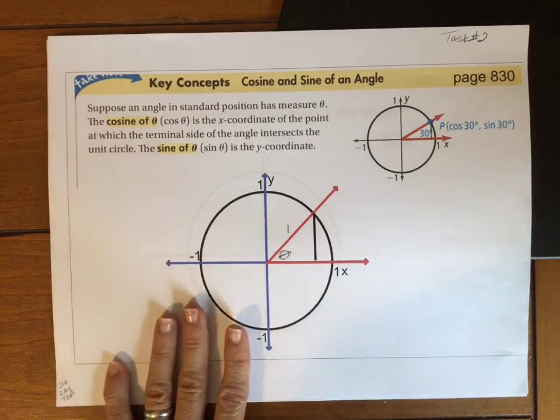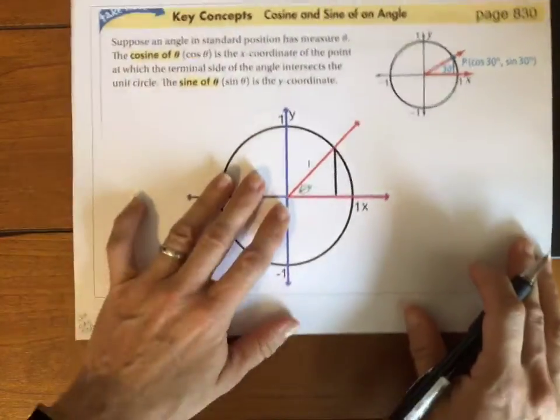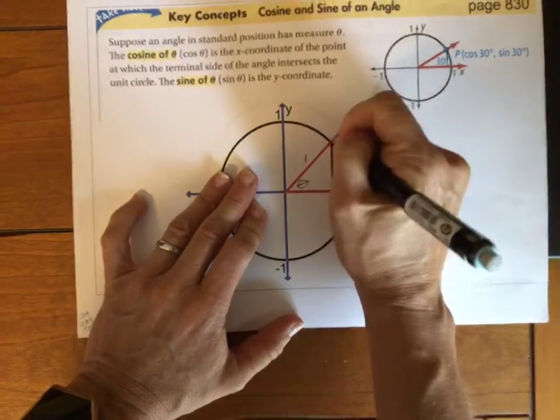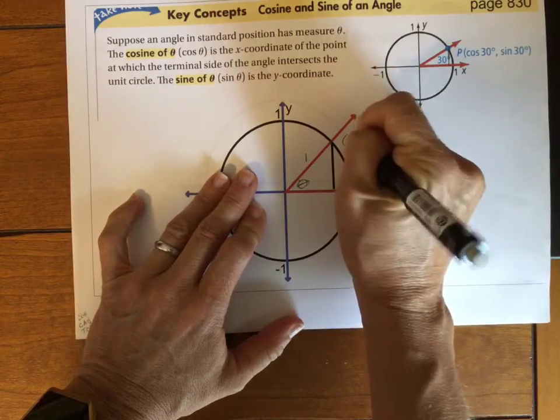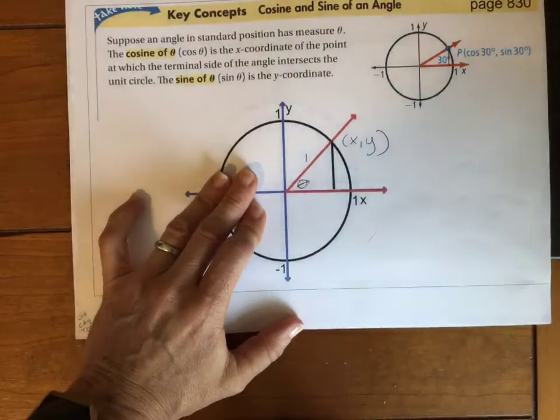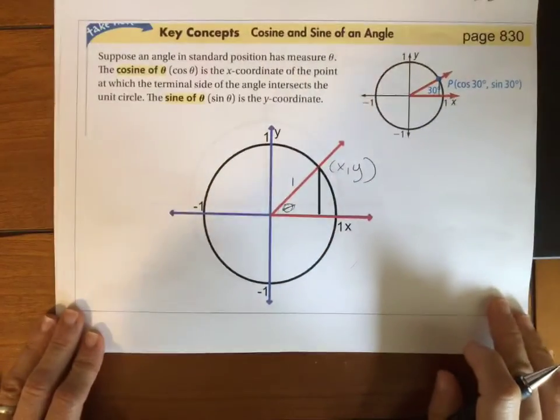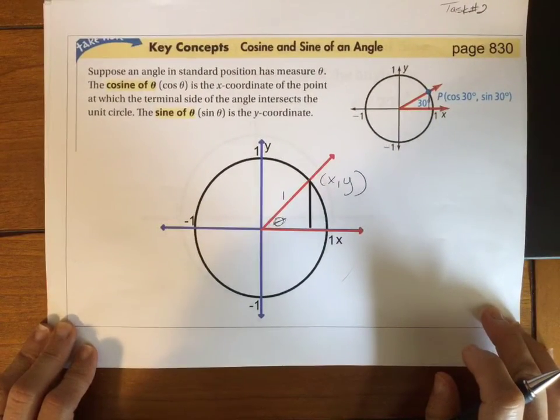And what we want to note is that if I talked about this angle theta, if I wanted to know what this point was, x and y, we're going to talk about how to find that using cosine and sine.